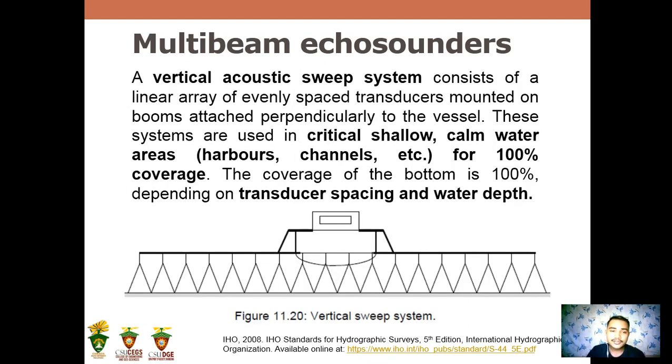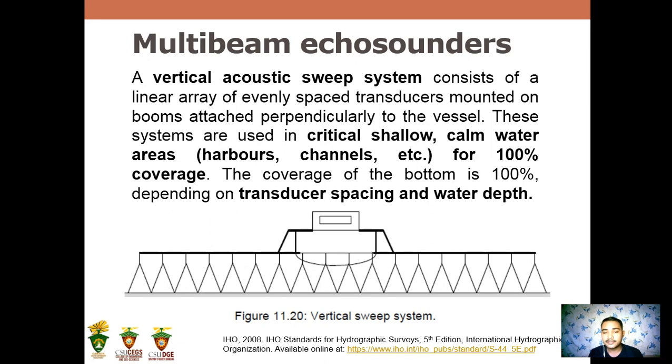So we have also a vertical acoustic sweep system, no? This consists of a linear array of evenly spaced transducers mounted on booms, no, attached perpendicularly to the vessel, no? These systems are used in the critical shallow calm water areas, no, like harbors, channels, etc. for 100% coverage.